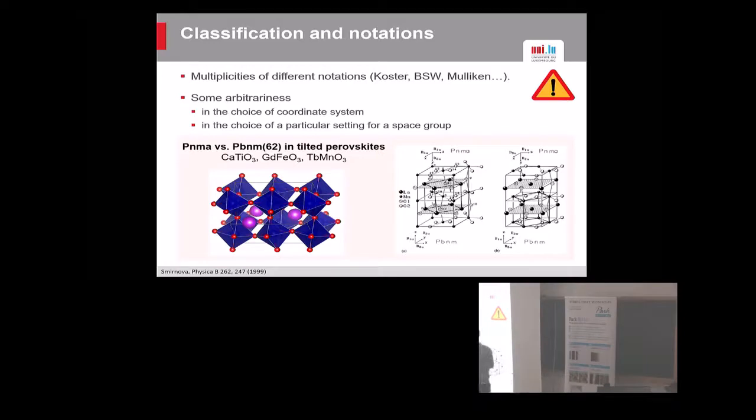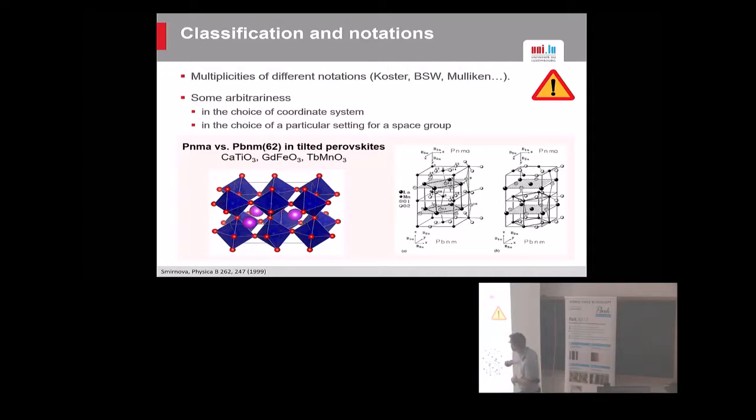So the consequence, when you go into symmetry analysis, is that you're going to swap some symbols, okay? And the decompositions are going to be different. This case is so important that there is even a paper that was published some time ago, where the author needed to treat both conventions and really compare them to make things a bit clearer. So if you have a doubt in this particular case, you can go to this paper.